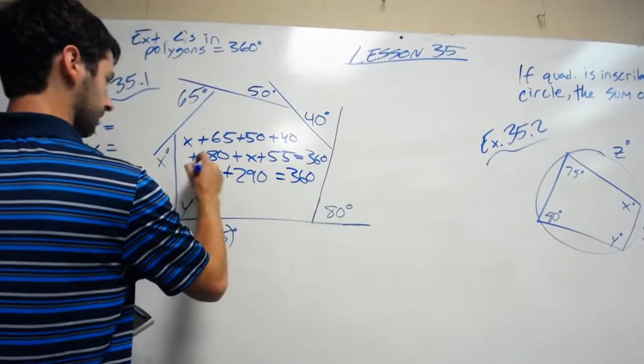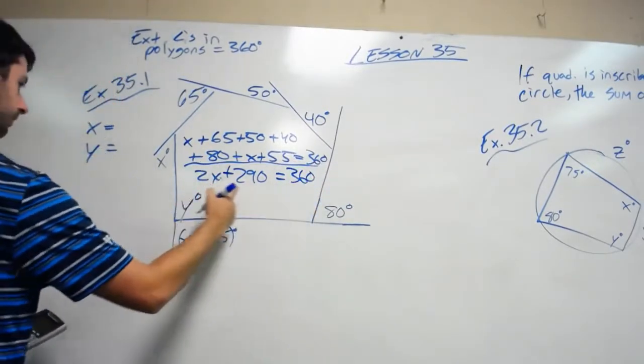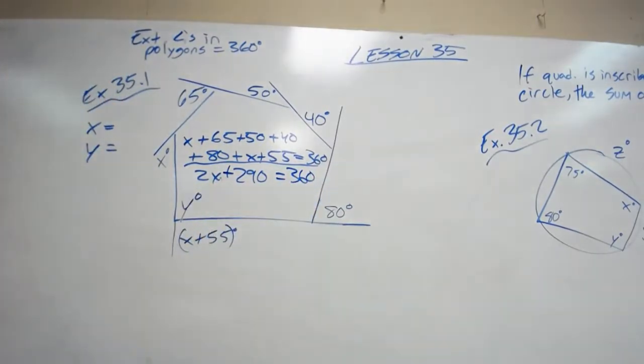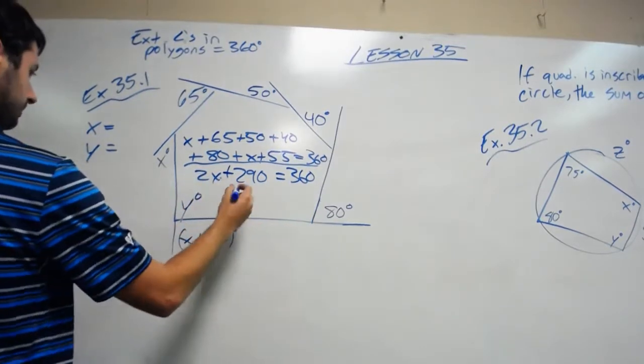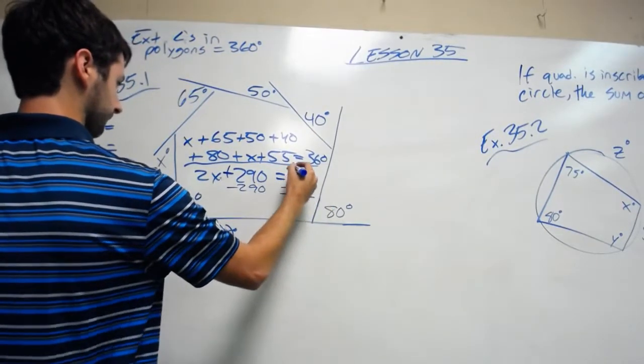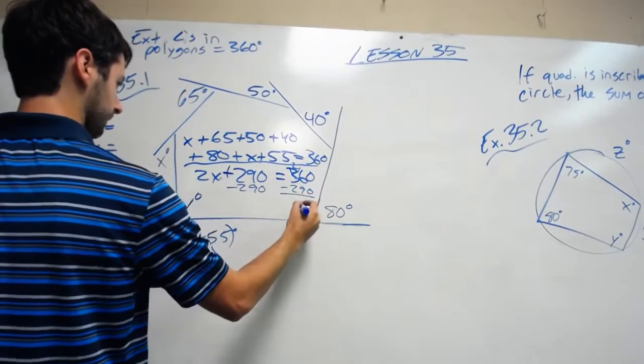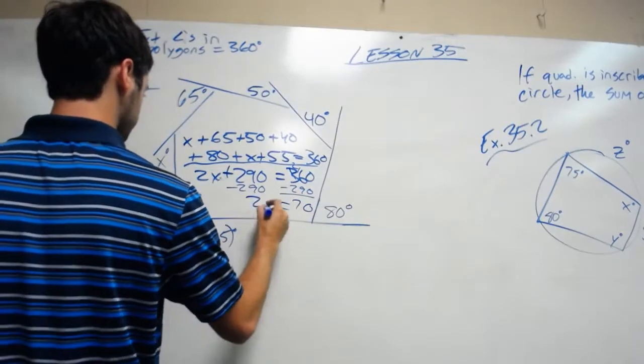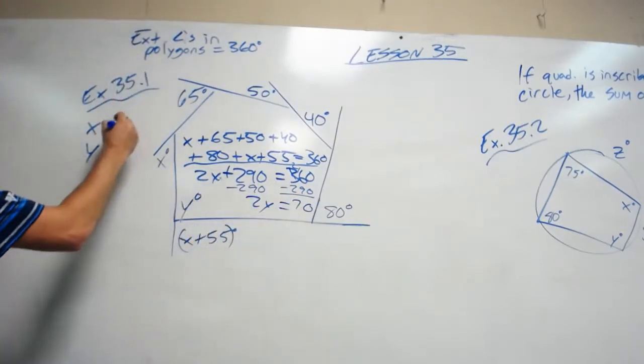So now we're here. 2x plus 290 equals 360. So now subtract the 290. 70 equals 2x, so therefore x is 35.